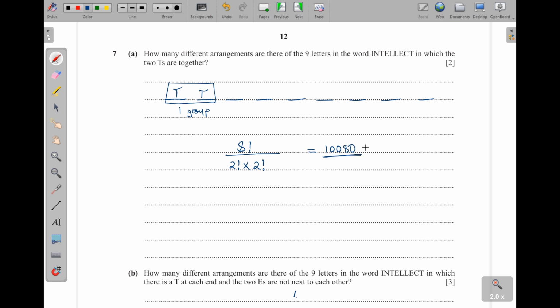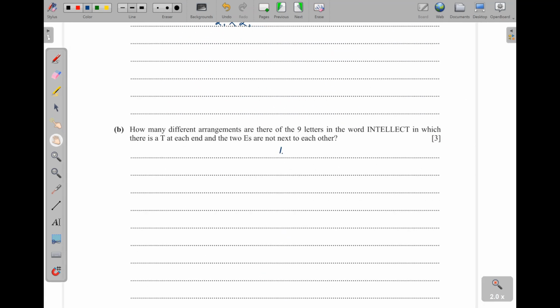And then part B, how many different arrangements are there of the 9 letters in the word intellect in which there is a T at each end and the 2 E's are not next to each other? Okay. Now I'm going to pick from my sample space where the T's are at each end. Okay. 1, 2, 3, 4, 5, 6, 7, 8, 9. So a T is here. I cancel that position. A T is here. I also cancel that position. Okay.